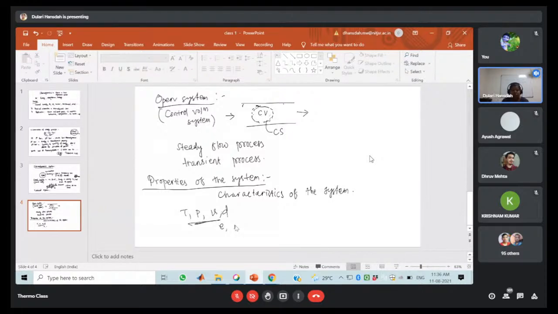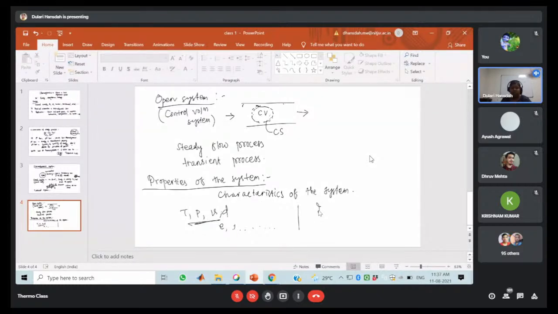Other properties like specific volume and specific energy we have already discussed. There are many more properties of the system which can define the characteristics of the system. During the solving of the problem, these properties we are considering.